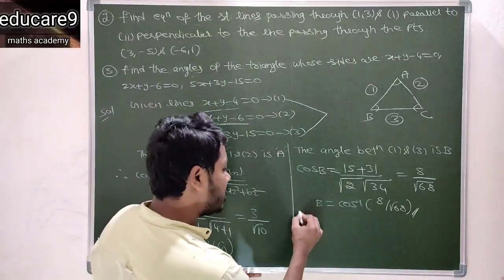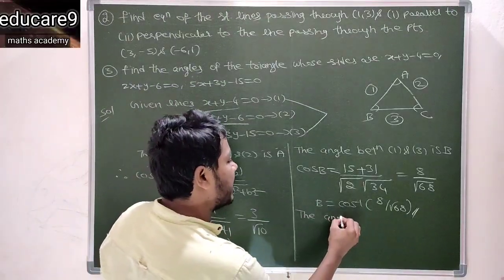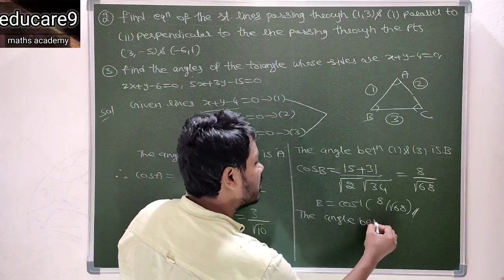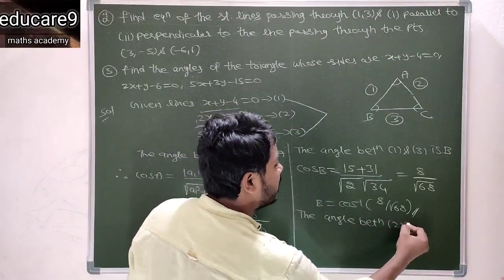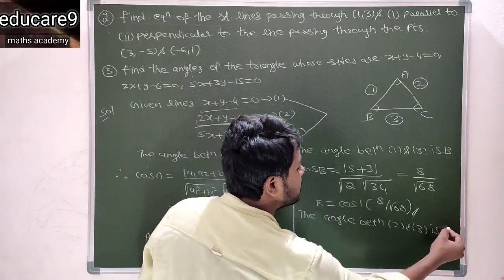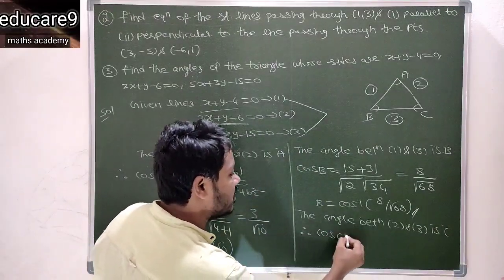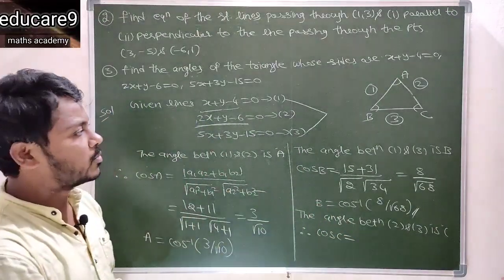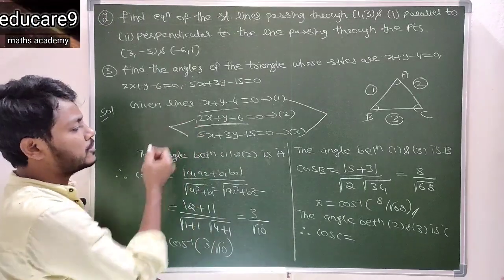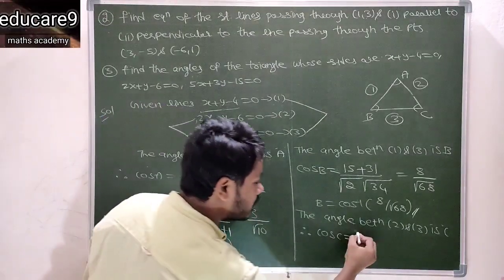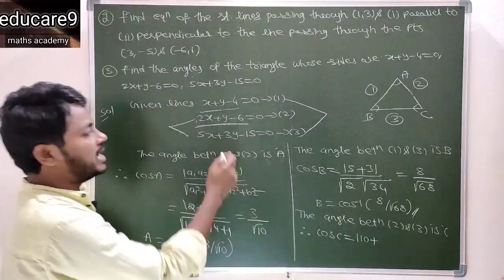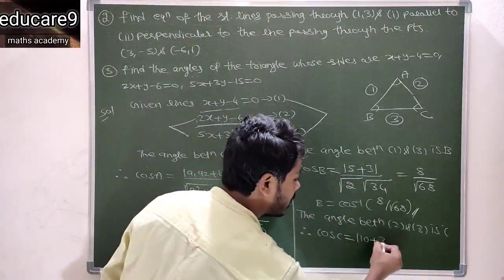So clearly that is the angle between 2 and 3, which is C. So therefore cos C. So what is cos C formula? Same formula. So we have to use these two, A1 A2, that is 10, plus B1 B2, that is 3.